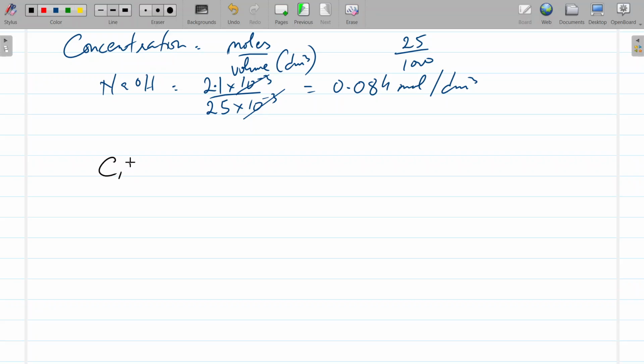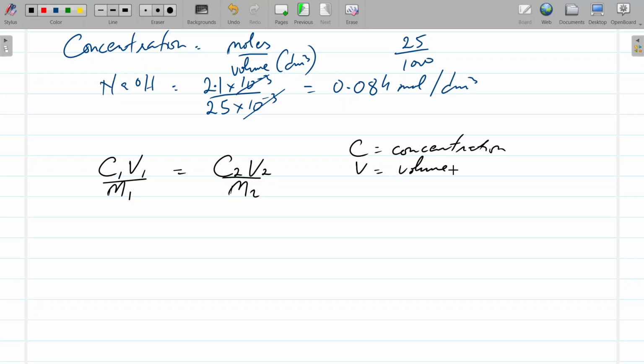So it's C1 V1 over M1, and this is for the acid or alkali, whatever you want, equals C2 V2 over M2, where C is the concentration, V is the volume, used in centimeter cube, and M is the number of moles in the chemical equation.